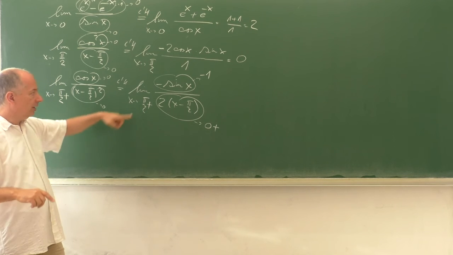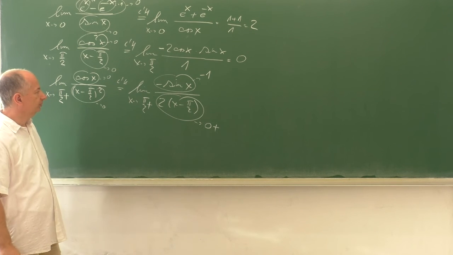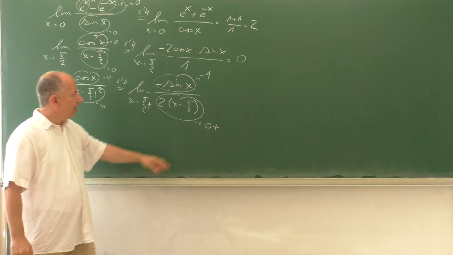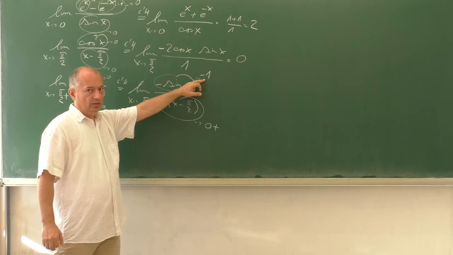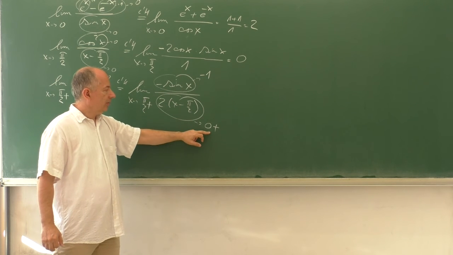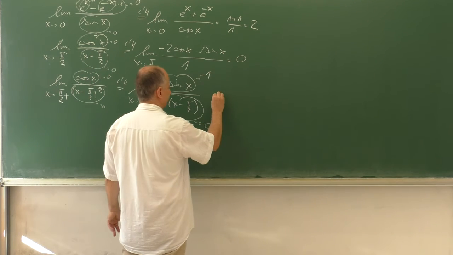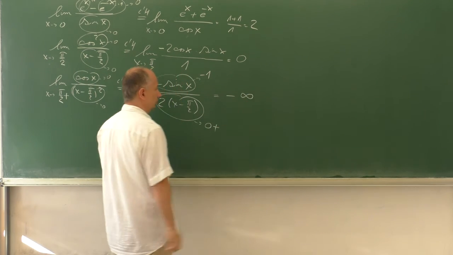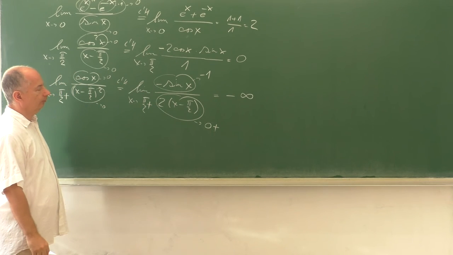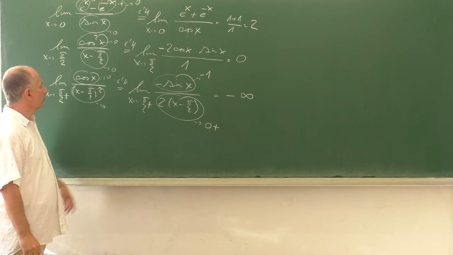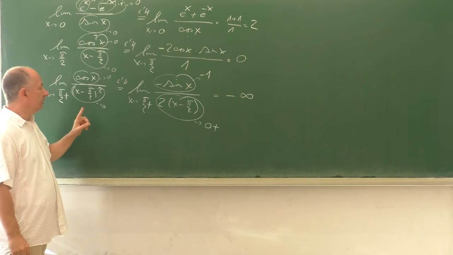But we will need this result for the original problem. But negative 1 divided by a small positive value goes to minus infinity. So this is the one-sided limit.